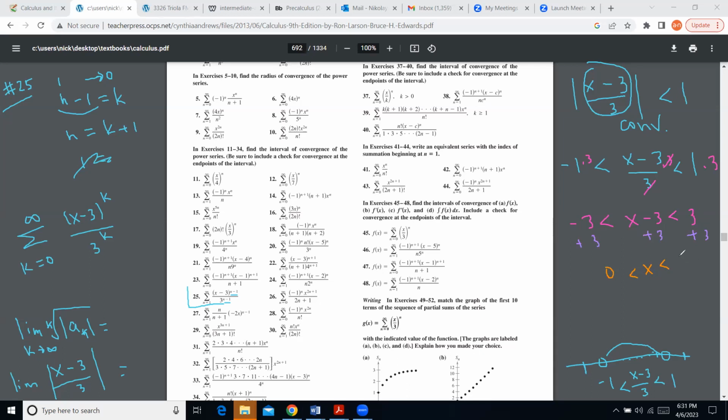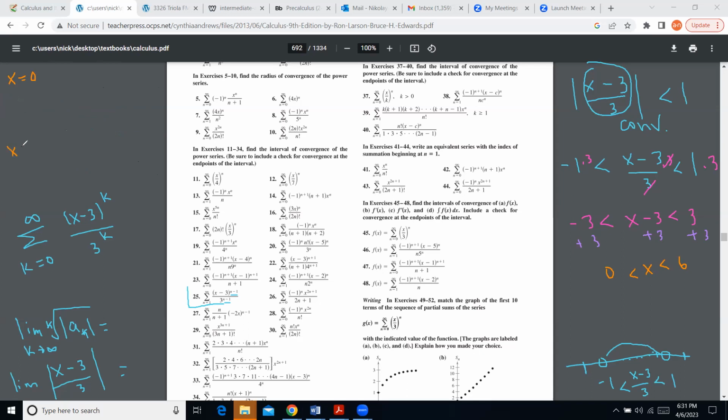But my goal is now to see what happens at those endpoints. So let me plug in the series at 0 and 6. That's a standard ending for the exercises.